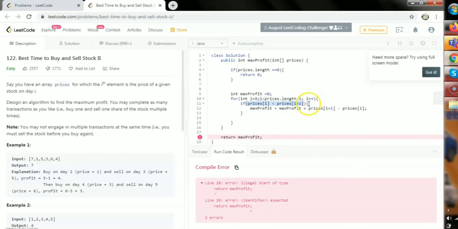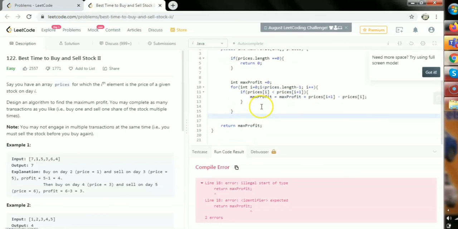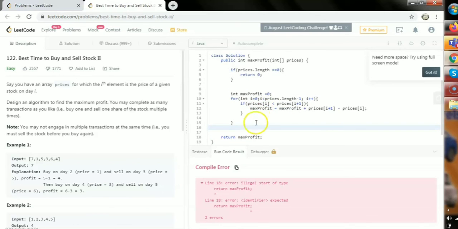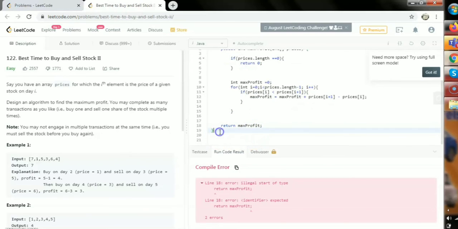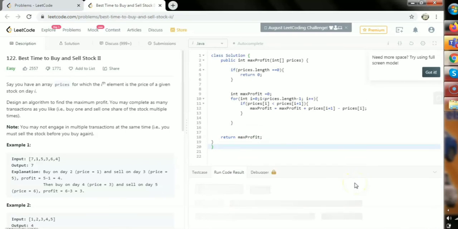Oh, this is my for loop. Sorry, this is my closing braces. I just need to return this value here, and finally this.